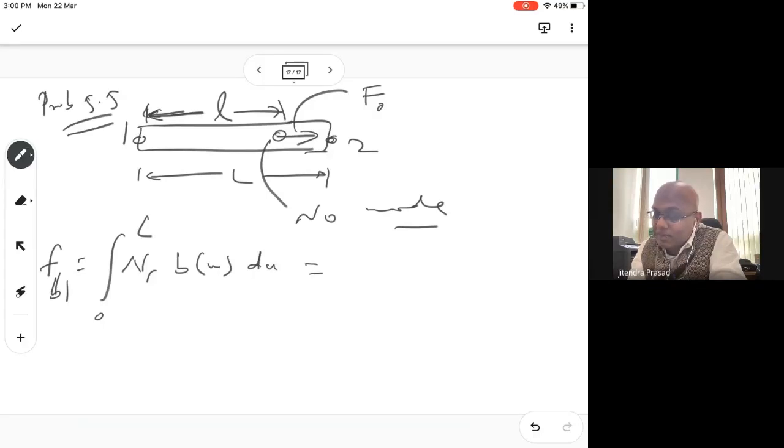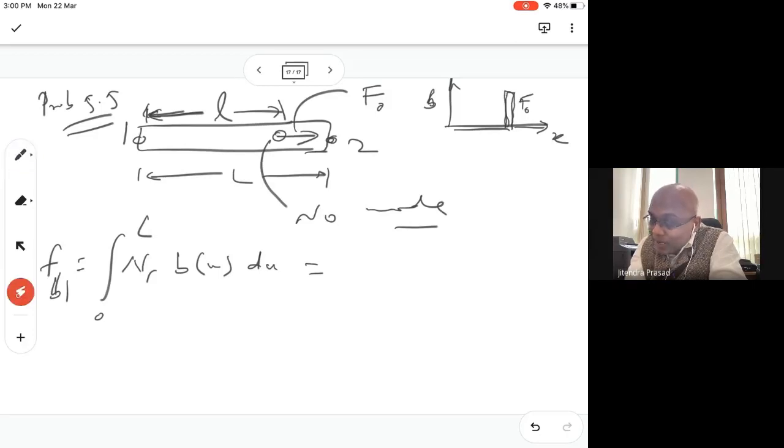You know that this body force is active at only one point. So this body force is something like this: this is x and this is the body force. It is 0, 0, and suddenly here it is equal to some force F naught.